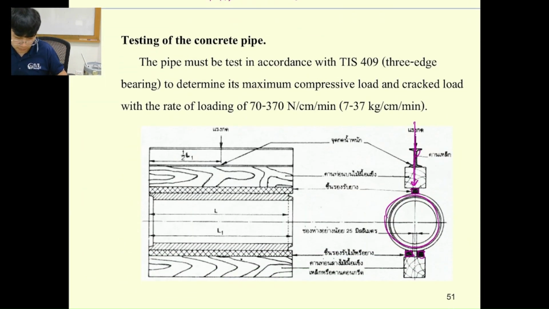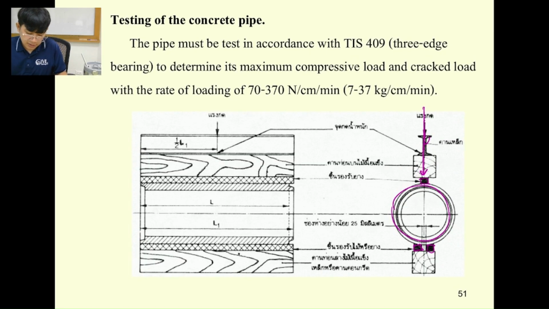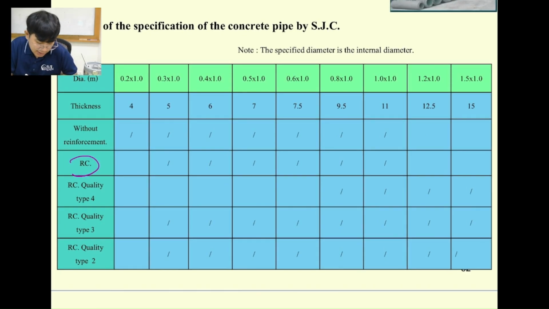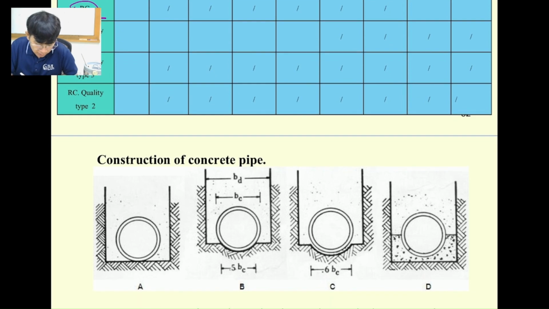Okay, what we need to test is we use that pipe and then put the strip on top and then apply the load at 7 to 37 kilograms per centimeter per minute. And we have the one with RC and another one without RC, but normally we use the one with RC because this pipe normally is going to experience some extra load from the soil.